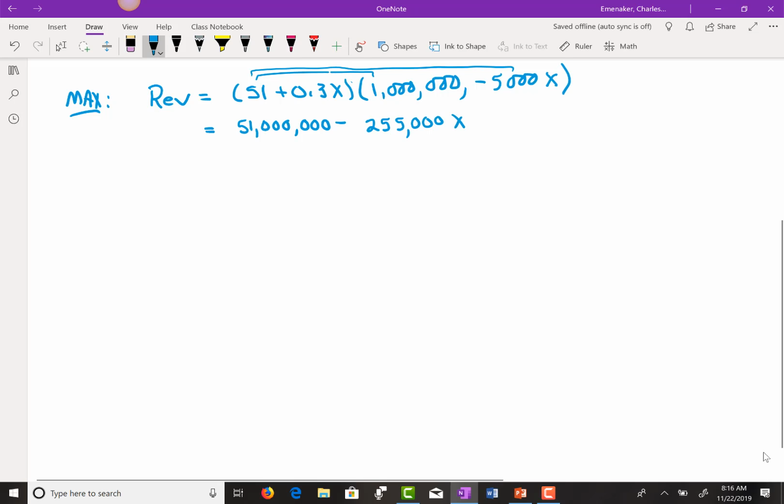Then we do the inside 2, which is going to give us plus, let's see, that's going to be 300,000 X. And then we do the last two. This is going to be a minus. We're going to have an x squared. Now, if we take 0.3 times 5,000, that's the same thing as taking 3 times 500. Does that make sense to everybody? Okay, which will give us 1,500.